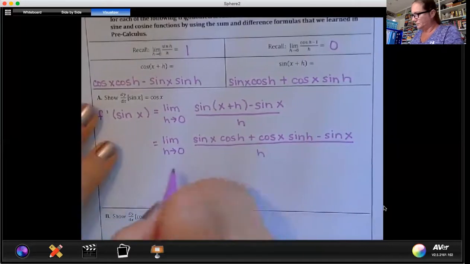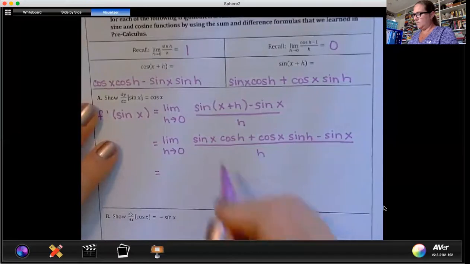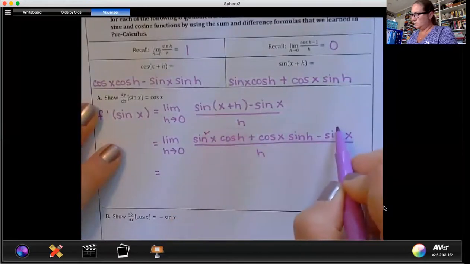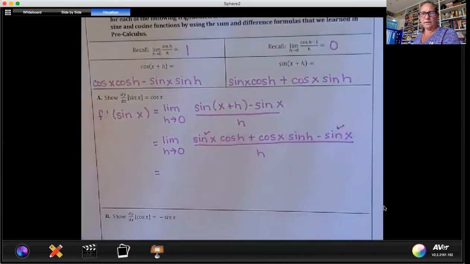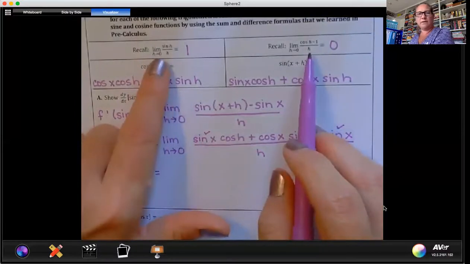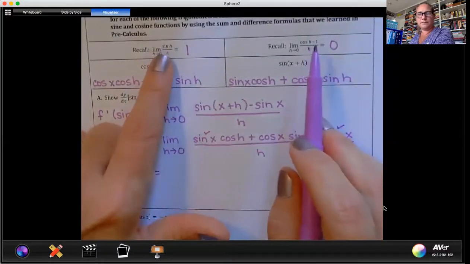Now, I'm going to use these values here because I see that they have a greatest common factor of sine, and I know the one in the middle does too, but I want to see if I can convert it into this one or this one.